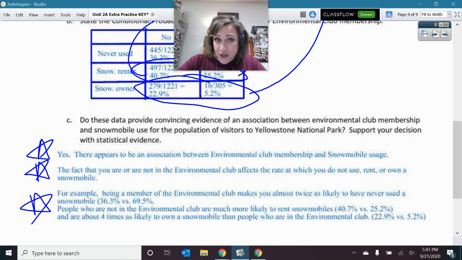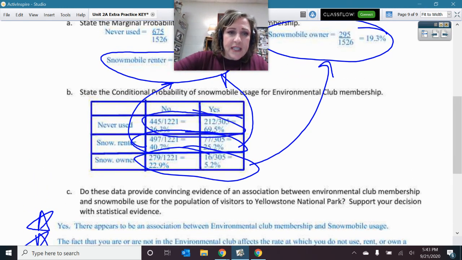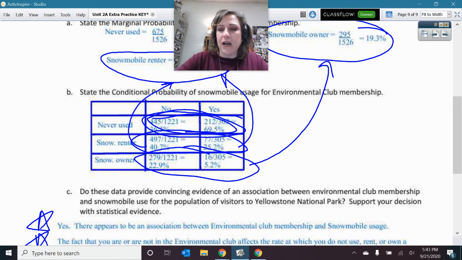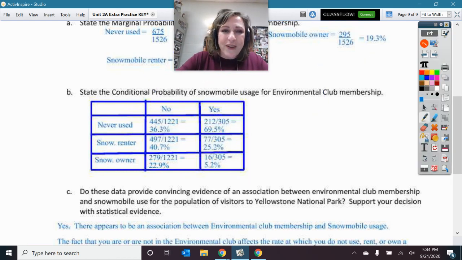Now, you know what is interesting that I did, and I've kind of told you to not do this, but I did it. I actually was comparing the conditional to conditional. I did mention in class that when there are just two conditional items, the no and the yes, or male and female, you can compare them to each other.